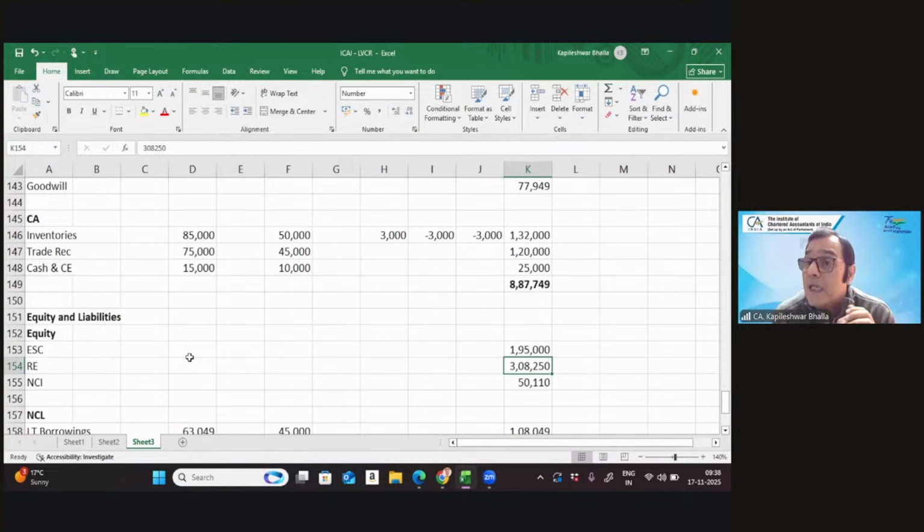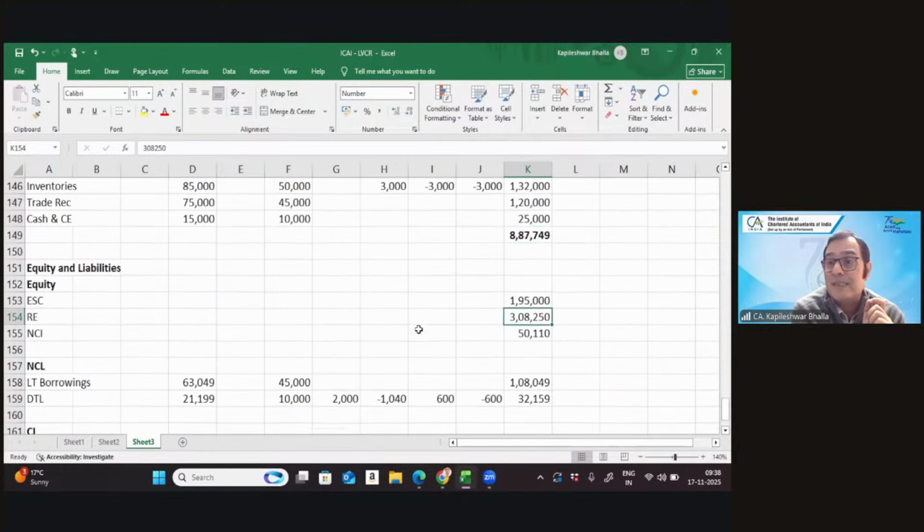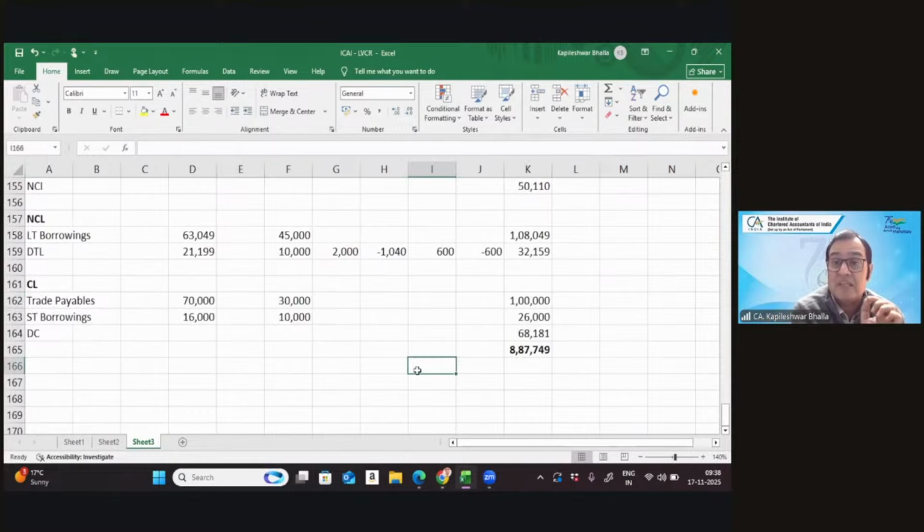Now, if it is going to be upstream in nature, then in that particular case, you'll reduce the stock reserve from the stock and you're going to make adjustments in the RE. Right. So I hope you got the picture clear. And the interesting part is the balance sheet is tallied to the extent of every single 1 rupee itself. Wow.